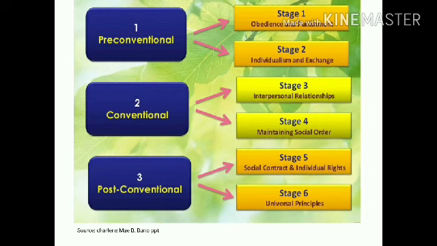Let's talk about the last level, that is post-conventional. This level also has two stages: social contract and individual rights, and number two is universal ethical principle orientation. So let's talk about the social contract orientation.